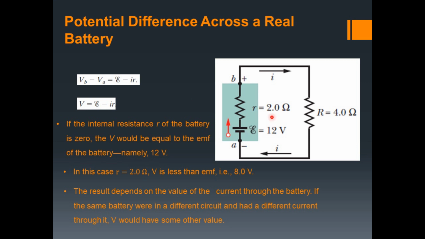It means not necessarily this result would come out. It wouldn't necessarily become 8 volt. It might result in 7 volt or 9 volt. That depends totally upon the current.